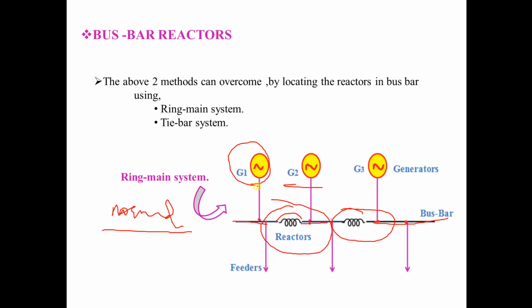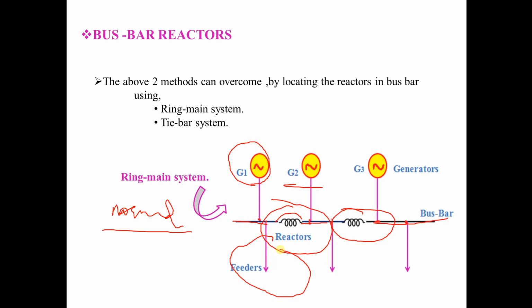So the main advantage of this is, if a fault occurs in any one of the feeders, only one generator mainly feeds the fault current, compared with the others.